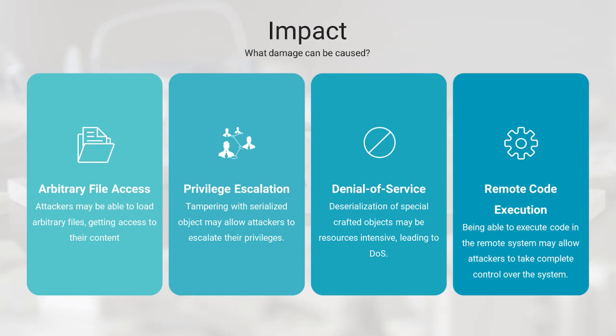Modifying serialized data may allow attackers to escalate their privileges. In some cases, specially crafted serialized objects may cause denial of service during deserialization. Circular references are good candidates to exploit it. In some cases, remote code execution might be possible, allowing attackers to gain control over the system.